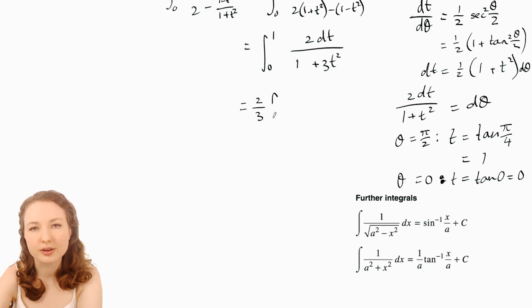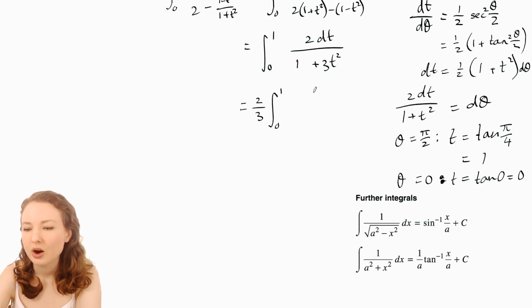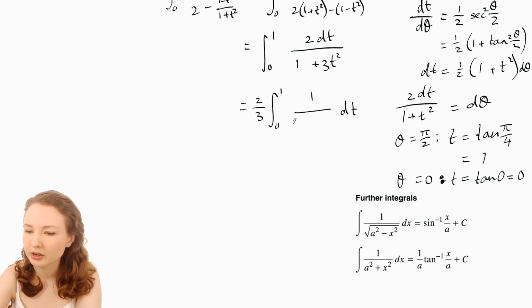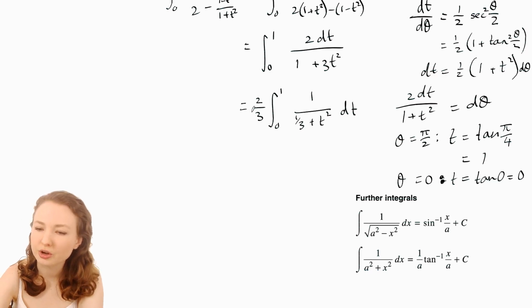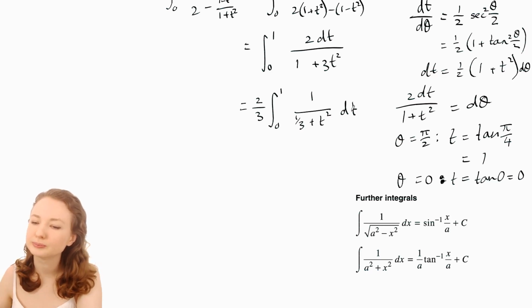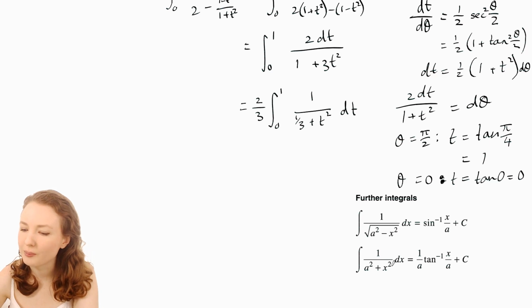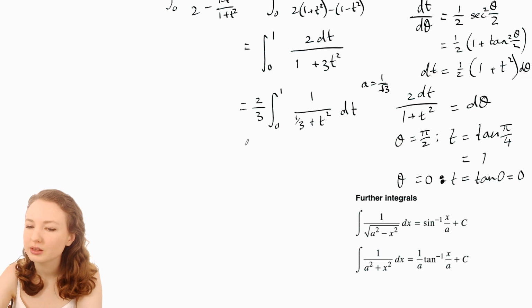So we'll have 2/3 integral 0 to 1 of 1 over (1/3 plus t squared) dt. So I've divided top and bottom by 3, moved the 2/3 out the front and moved the dt there. Now it's in that form with a equals 1 on root 3, if a squared is 1 on 3. So we can just apply that.